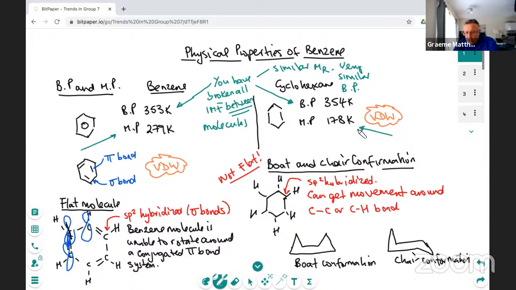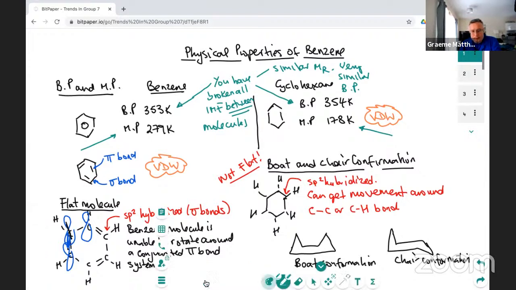Right. The reason is then, if you take a look at the way that the molecule is laid out, this one is flat, and this is the chair and boat conformation. So keep in mind, they both got van der Waals forces, right? It's the only IMF between the molecules.